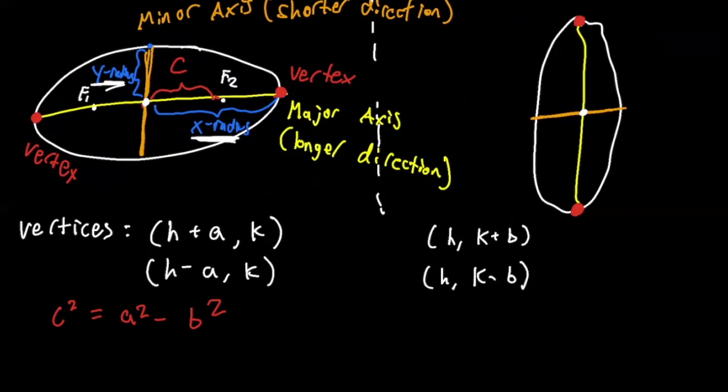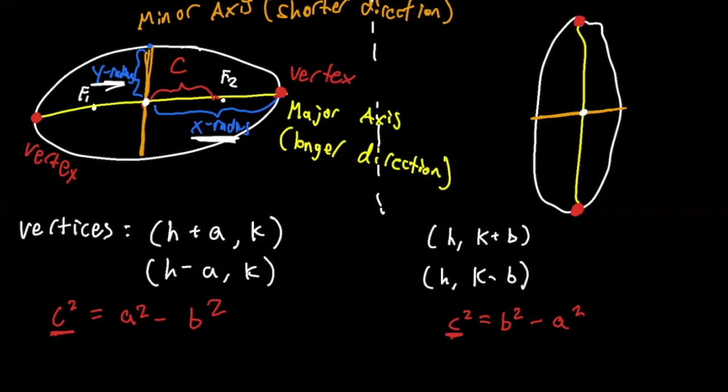If it's in the vertical direction, then we have c squared equals b squared minus a squared, so the y radius squared minus the x radius squared. And we can see this through some right triangles, which we won't go into detail right now. But we can use this equation to find c, which is the distance between the center and each focus.